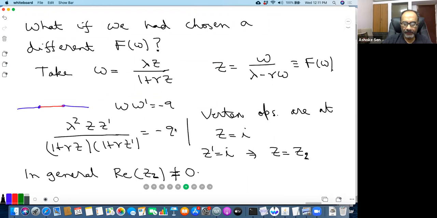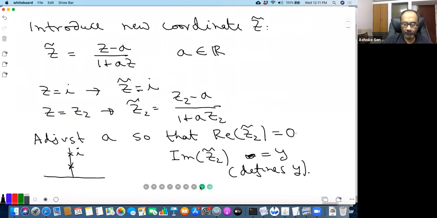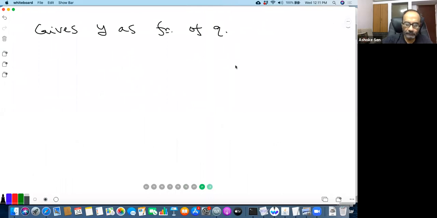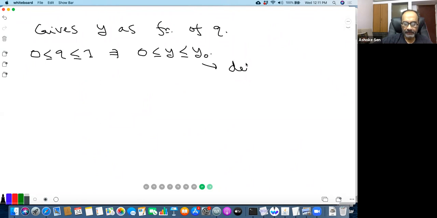So by doing all this, you again get Y as function of Q. And then you can ask, what does this range correspond to? This will correspond to Y in some range. So this is determined now.